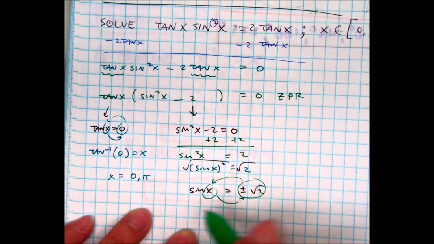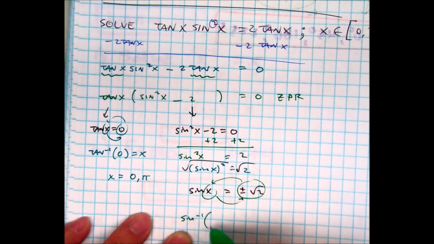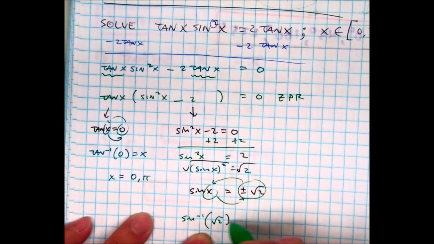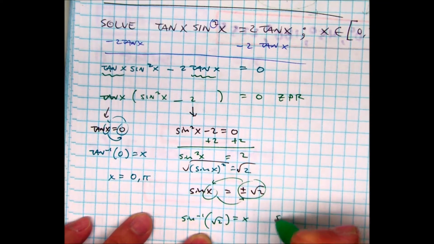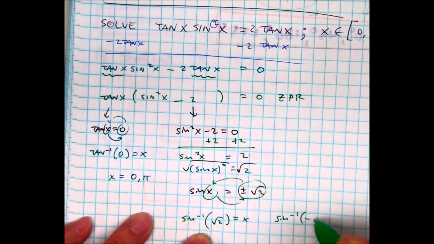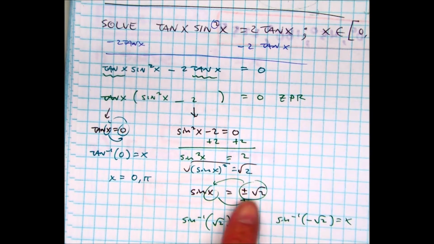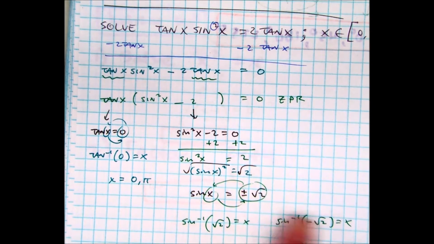And if you switch these, I'm going to get the inverse sine of radical 2 equals x, and the inverse sine of negative radical 2 equals x. Did you see what I did there? This one is a positive, and this one's a negative.